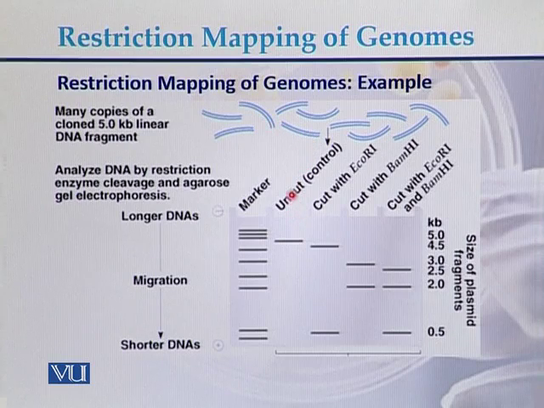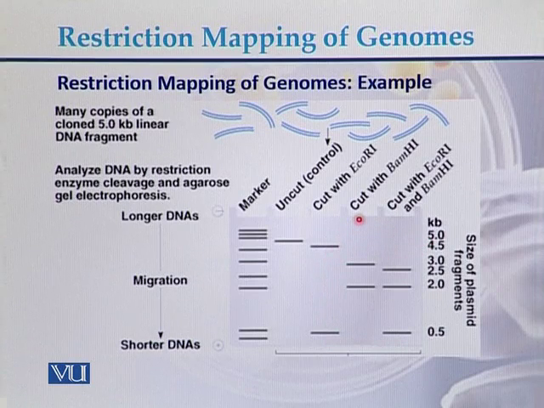When we run the uncut DNA, we see a single fragment of 5 kb. And when we digest the same DNA with the restriction enzyme EcoR1, it produces two different bands. One band is 0.5 kb and the second band is 4.5 kb.